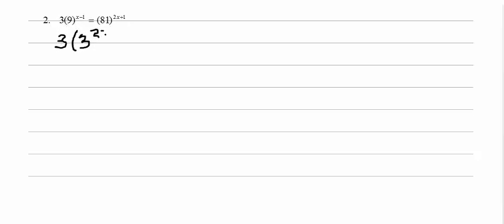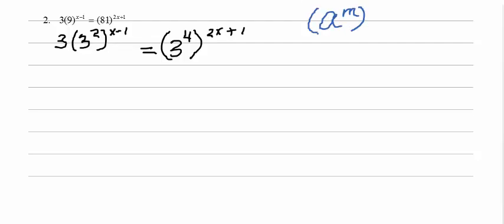We're going to start by writing 9 as 3 squared, recopying everything else, and 81 is 3 to the 4th, recopying everything else. All right, so we need the power to power rule for exponents, which says a to the m to the nth is a to the m times n.